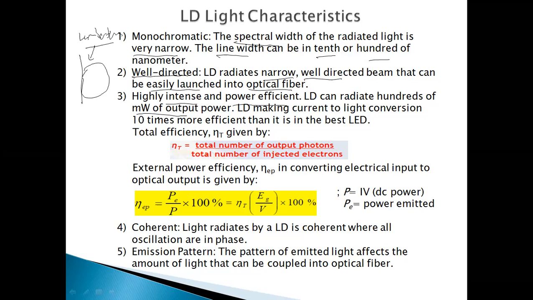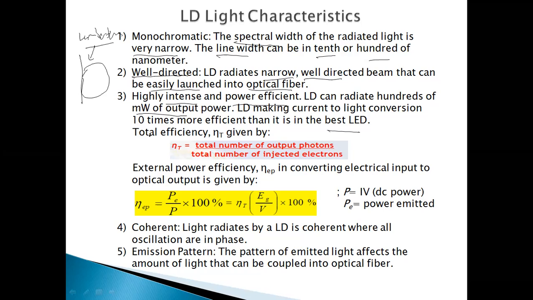They say that the laser diode converts current to light as effectively as 10 times more than the best LED on the market. So this is a comparison between the laser diode and the LED. The conversion from current to light is very effective for the laser diode as compared to the LED.